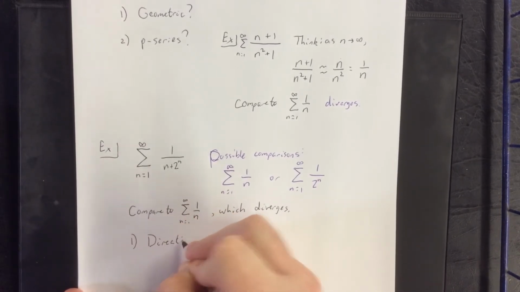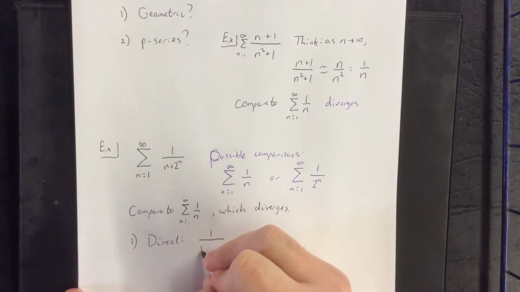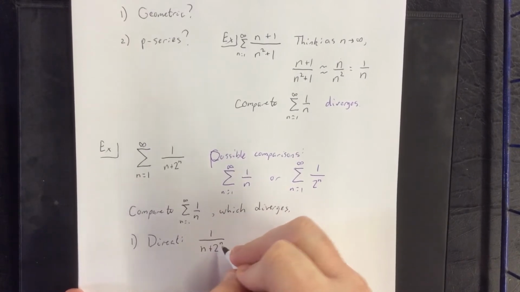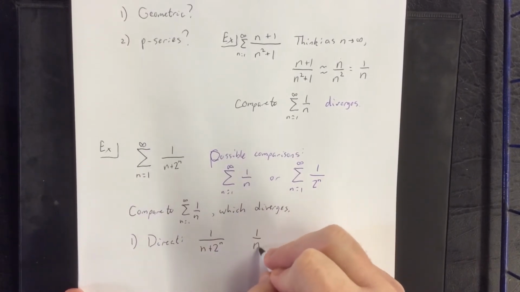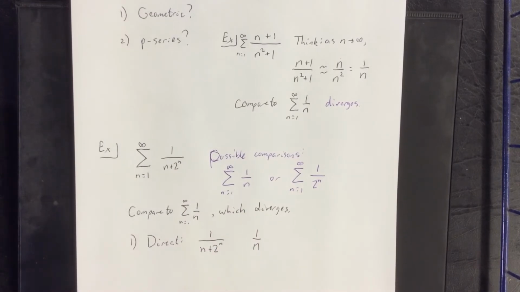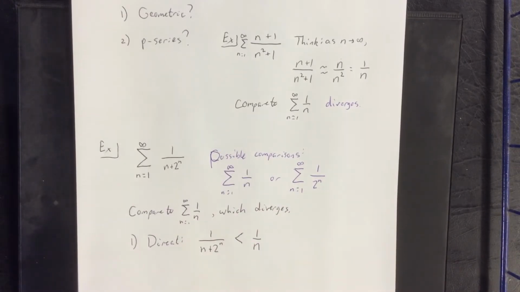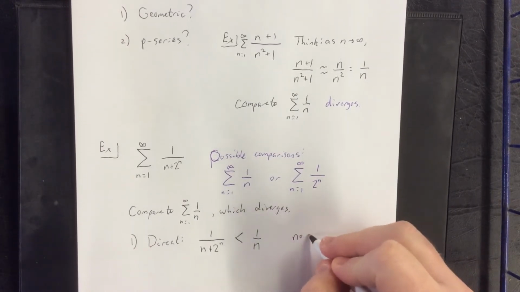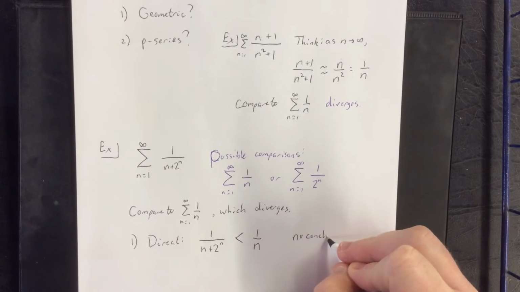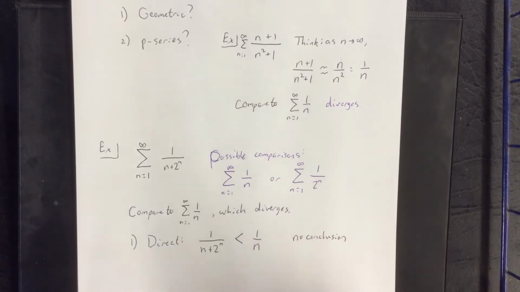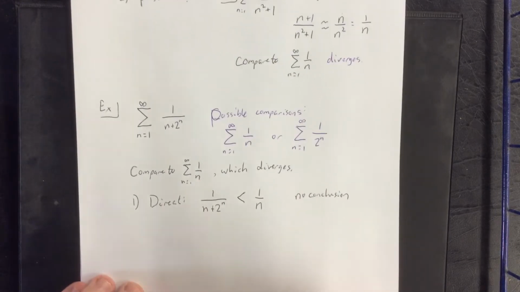If we try direct, then we would be comparing 1 over n plus 2 to the n with 1 over n. You'll notice that this denominator is larger, meaning that the series would be smaller. So what we're saying is we have a series that is smaller than a divergent series. Smaller than divergent means no conclusion. It could still be divergent itself and still be smaller.